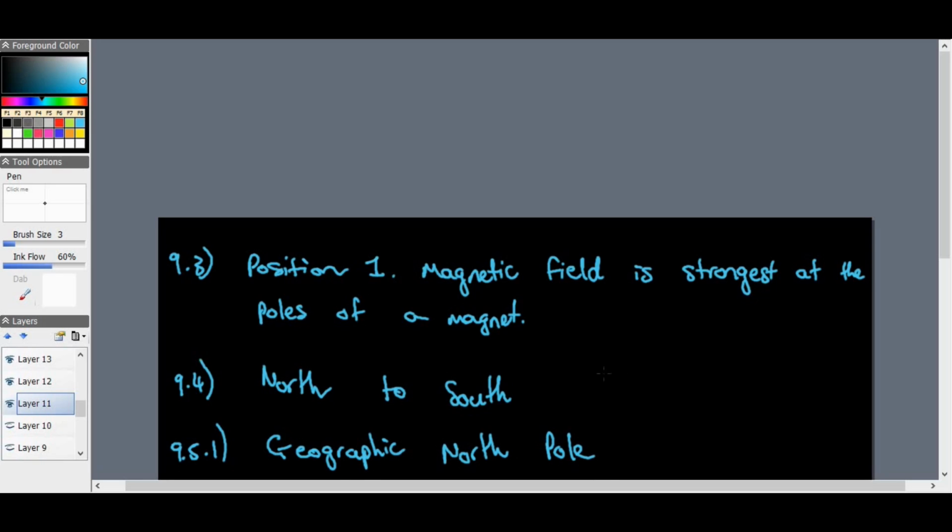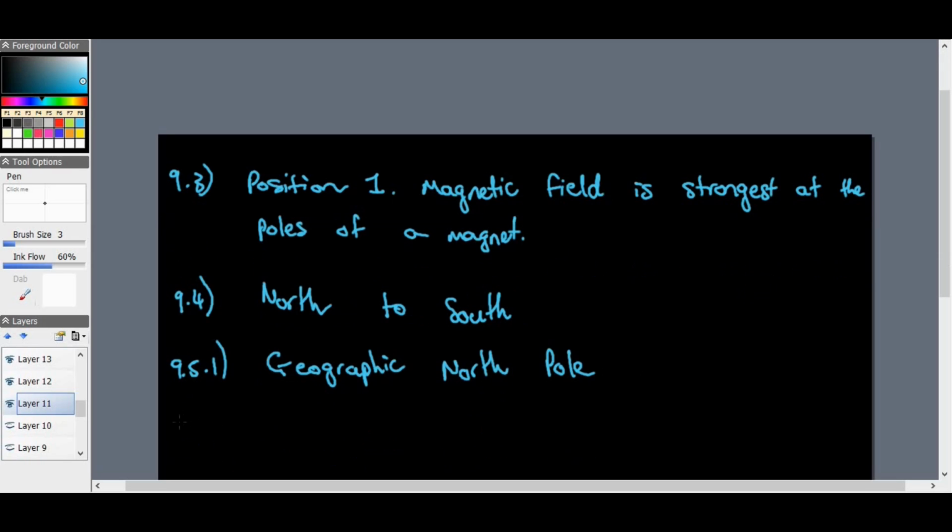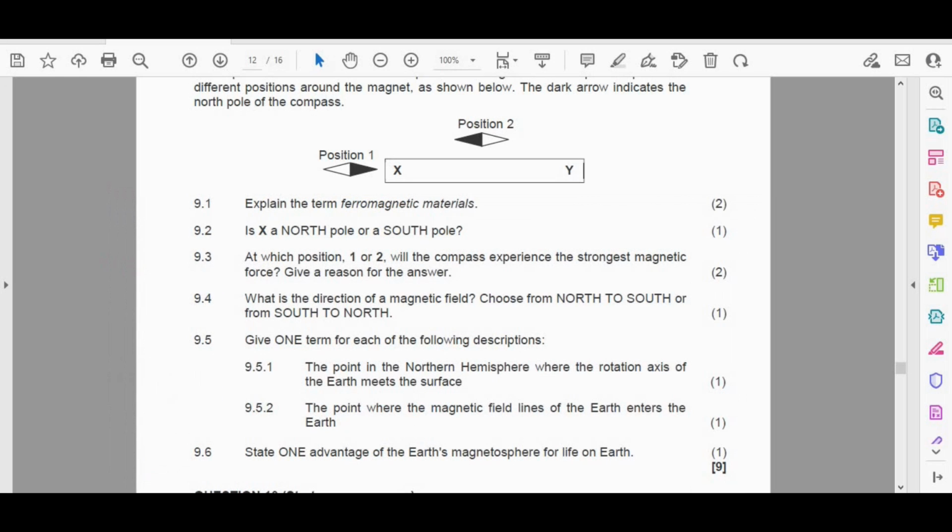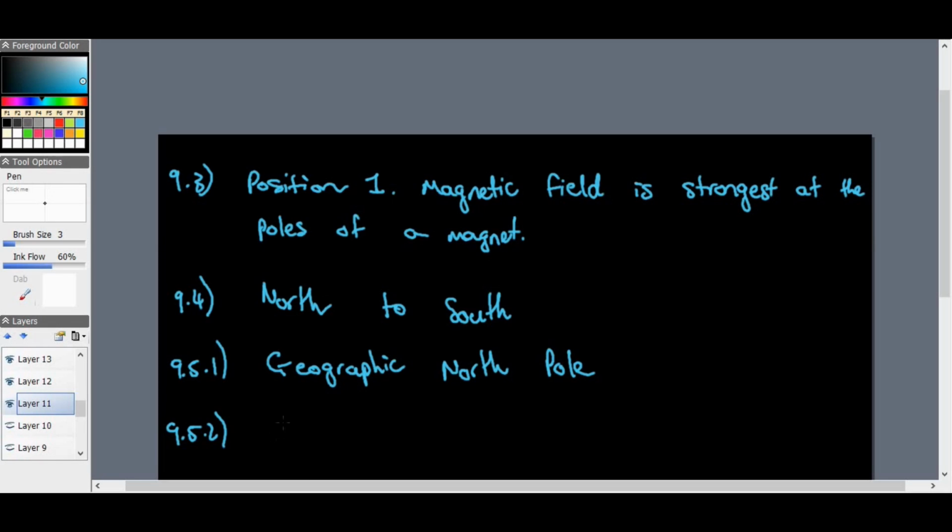Then 9.5.2 was the point where the magnetic field lines of the Earth enter the Earth. That would also be a North Pole, but not geographic, it would be magnetic north.